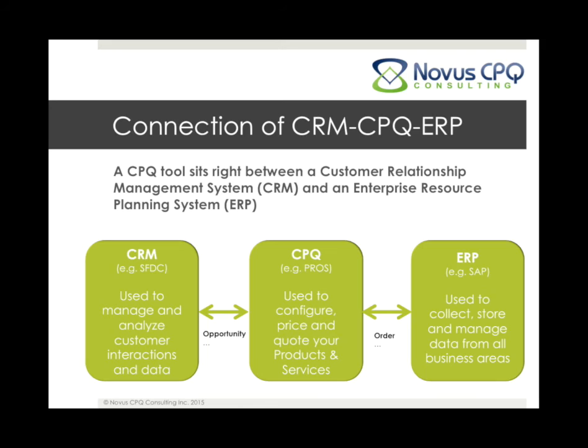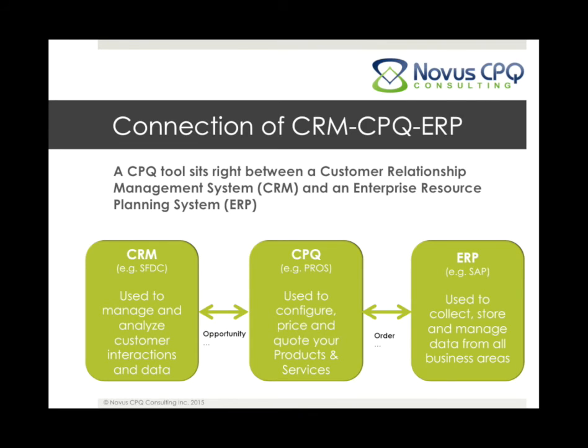And in this slide, you see that the CPQ tool sits right between your customer relationship management and your enterprise resource planning tool. Let's start over here with the customer relationship management system. In this case, you probably create an opportunity.